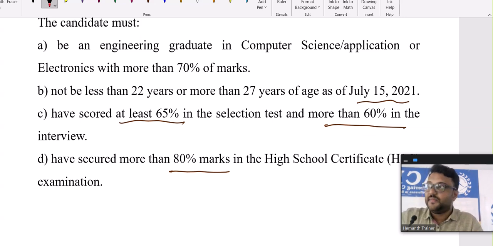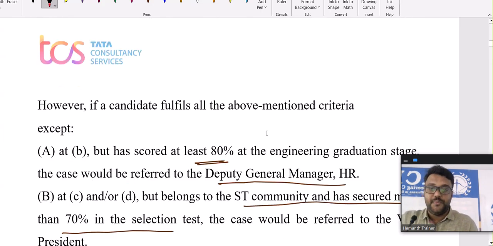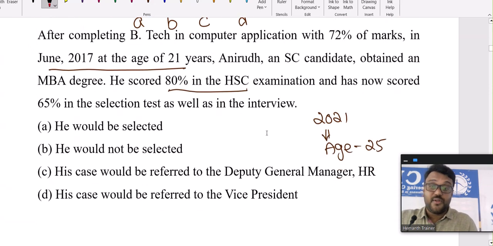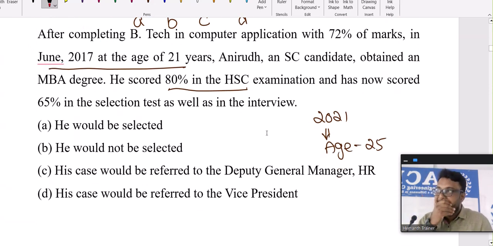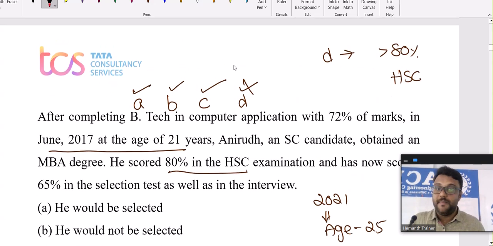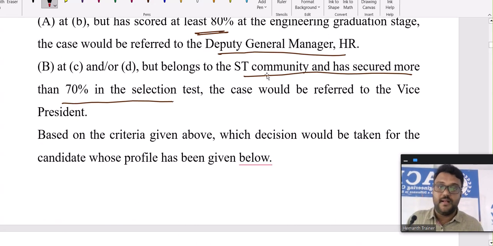And see the age. 2021, okay, 2017 age, problem not there. Here computer science 70%, that's satisfied. This one okay, this one okay. And see, interview 60%, he got 65%. A, B, C all okay, D only problem. Now when D failed, what you have to do? You should go for the vice president, but the condition is he must belong to ST community here.